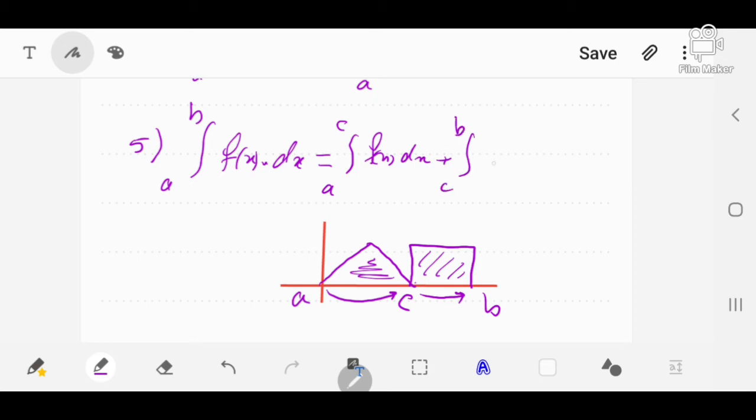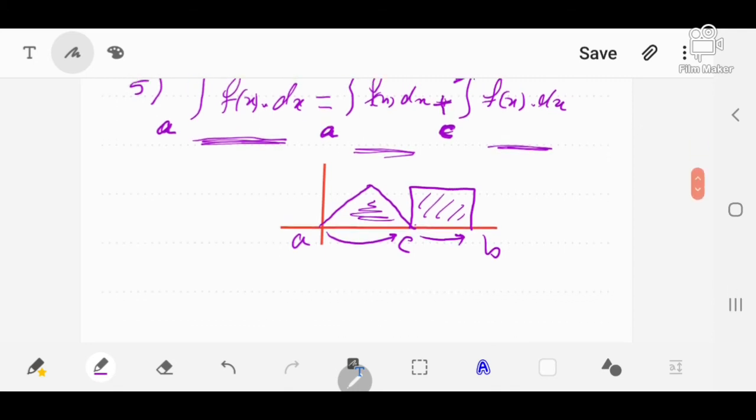This means that you can separate any integration into the addition of two integrations as long as you are using the same common number, C here. You are starting from A, and you are ending with B, using the same number for both integrations. Okay, would that be helpful? Of course that would be helpful.